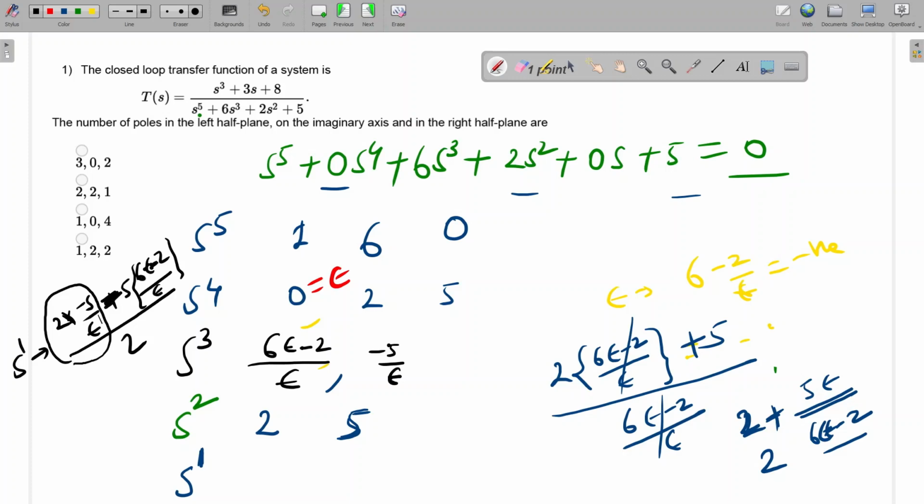Some contradiction is there, like it is becoming positive here. Yes, sir. Positive 10 and negative 10 will cancel each other. Minus 10 by epsilon plus 10 by epsilon, correct? So that will be how much?